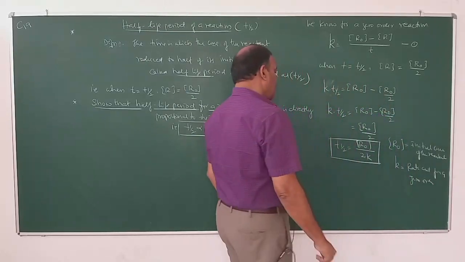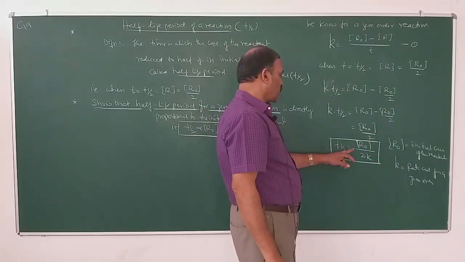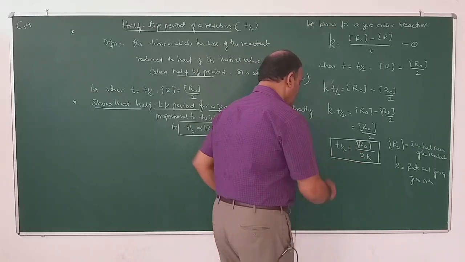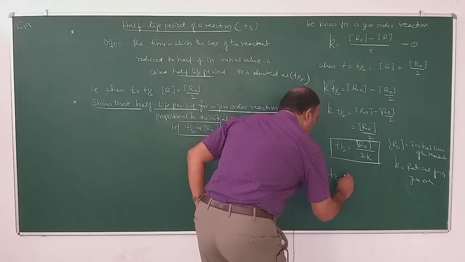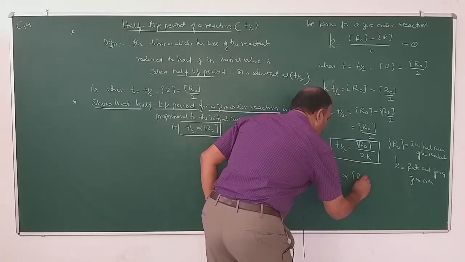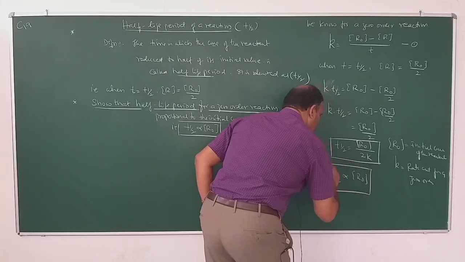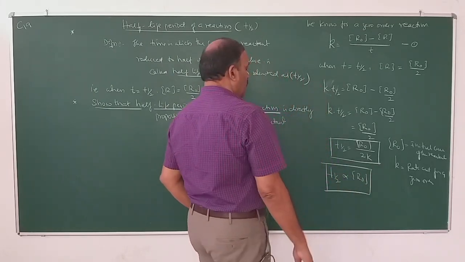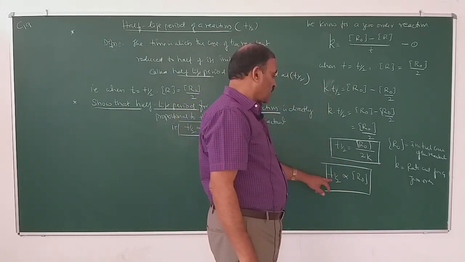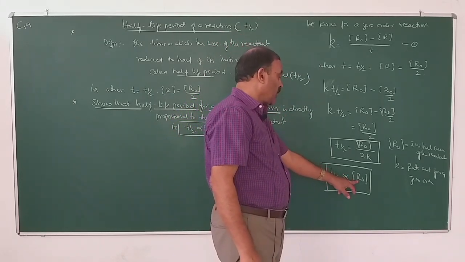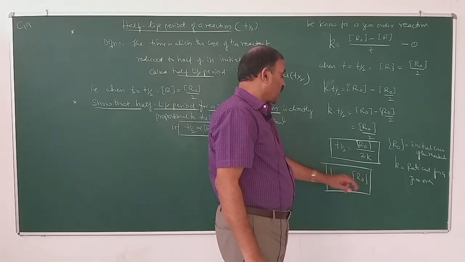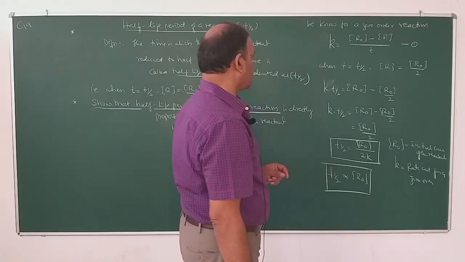So what this indicates is that T half is equal to R naught divided by 2K, or T half is proportional to R naught. So the half-life period for a zero order reaction is directly proportional to the initial concentration of the reactant. So this is very important.